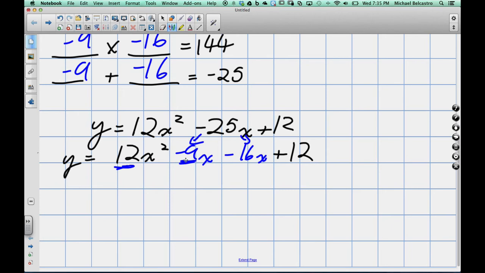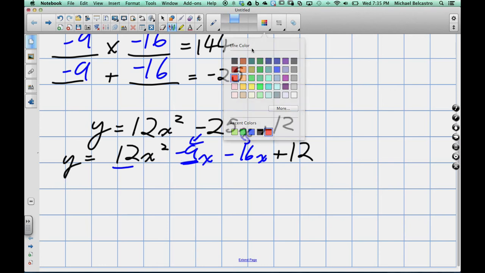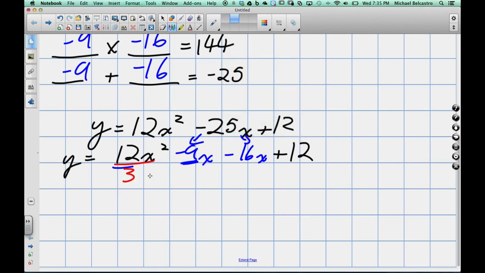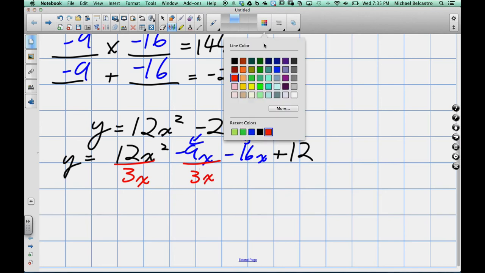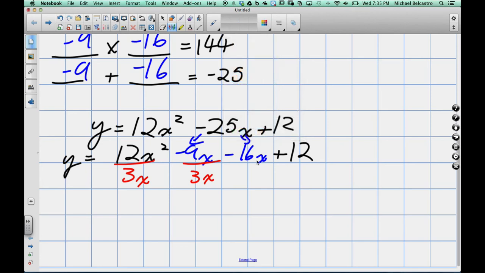What number divides into 12 and also divides into 9? Can you think of any number that does that? 3. Yeah, 3. Perfect. Now the other thing is there's an x squared and an x, so I can also divide by x itself. So I'm going to divide the first pair of terms by our 3x.